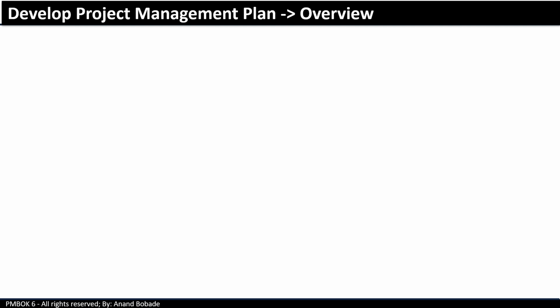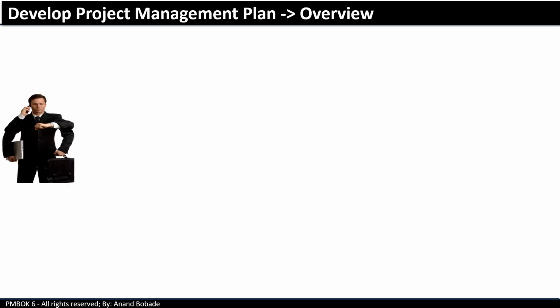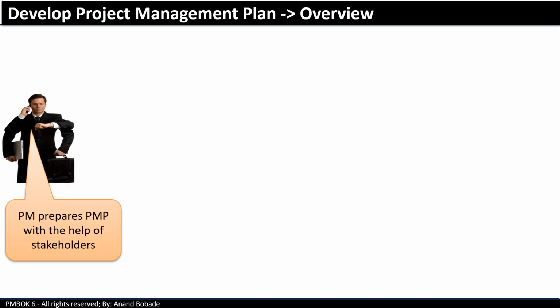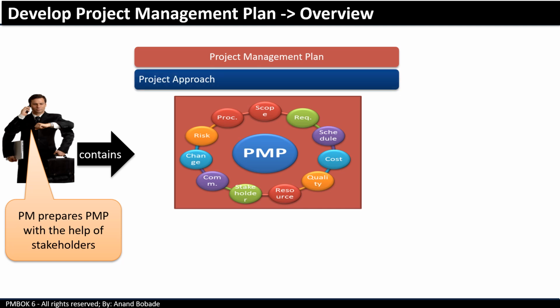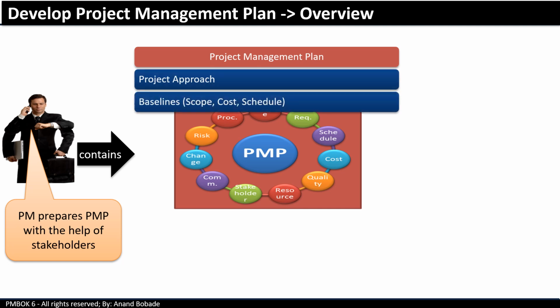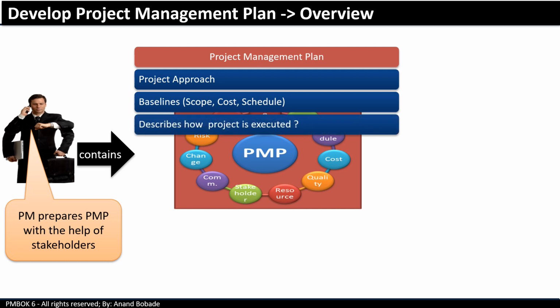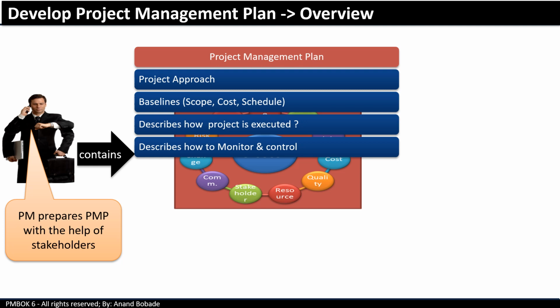The project manager prepares the project management plan with the help of various stakeholders, which include his team. The project management plan contains the project approach, baselines like scope, cost, schedule, describes how to direct and manage resources, and describes how to monitor and control resources.